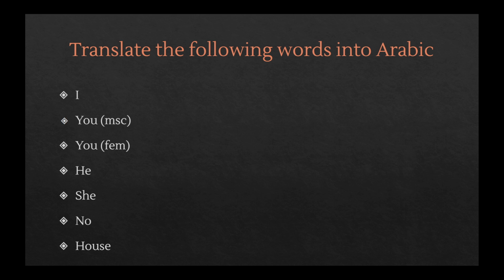All right. So for this one here, we're going to translate the words into Arabic. Try to translate it in your mind before I reveal the answer. And this includes words from today's lesson and previous lessons to help you internalize the vocabulary as we move forward. I, what do you think I means in Arabic? It means ana. What about you speaking to a man? Anta. What about you speaking to a female? Anti. Okay. Next, he, huwa. Next, she, hiya.